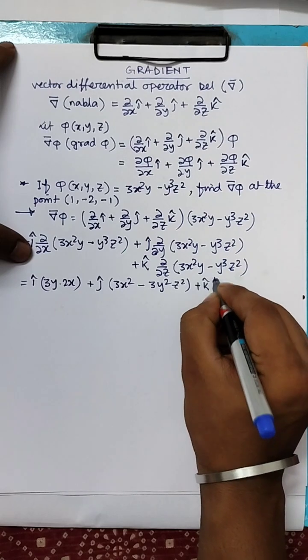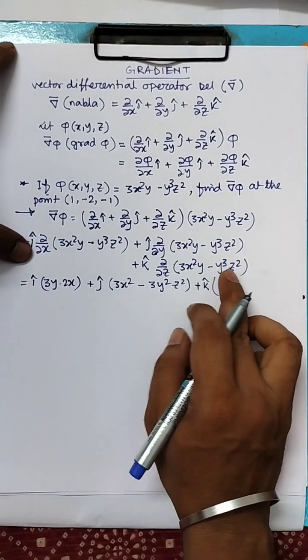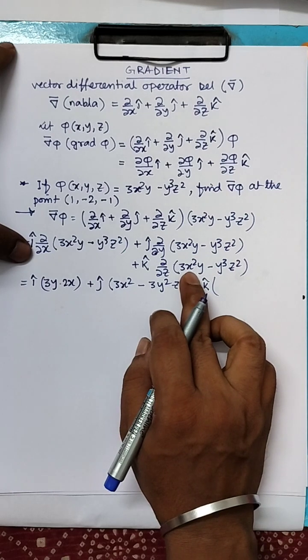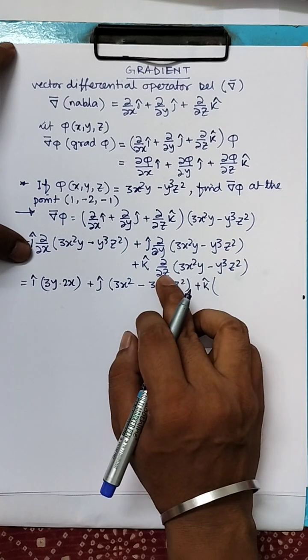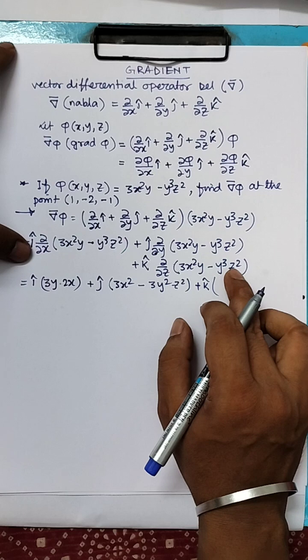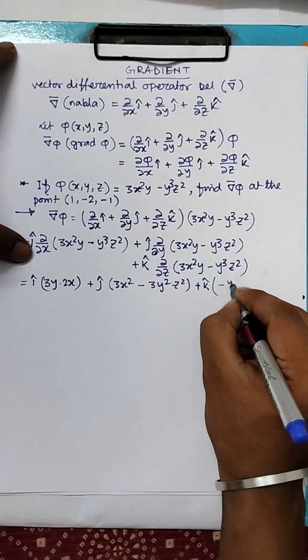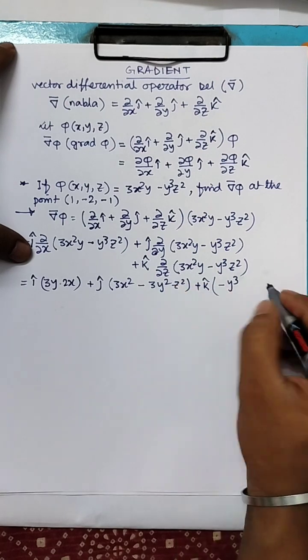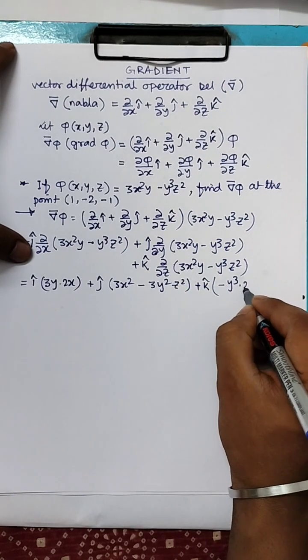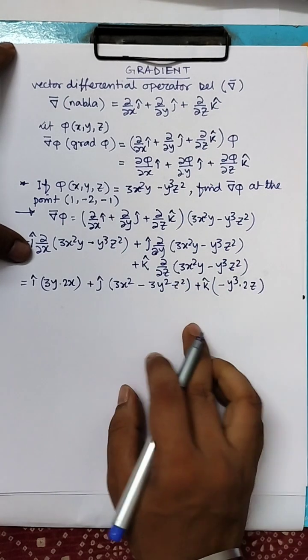Plus k, differentiate this term with respect to z. The first term has no z, so it is equal to 0 after differentiating with respect to z. But the second term contains z, so minus y³ is a constant. If we differentiate z² with respect to z, then obviously 2z.